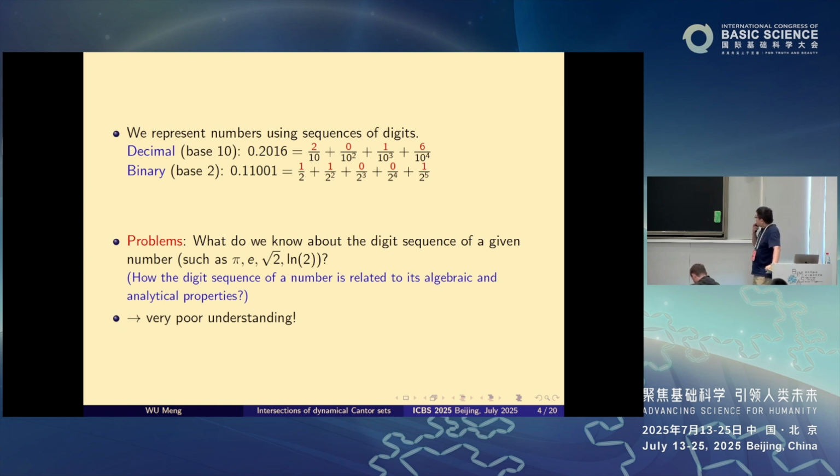For classical constants, it's completely out of reach to get a satisfying understanding of the expansion of those numbers.